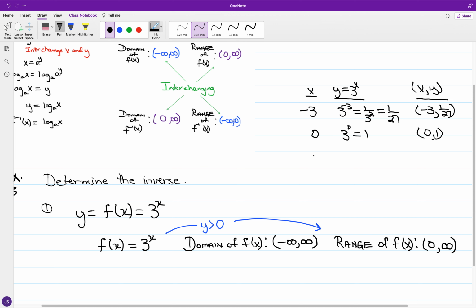And let's say x is 4, your y value will be 3 to the 4th, which would be 81. And so for this ordered pair, you will have 4 and 81. And I'll just mention, if I have x at negative 6, let's say, your y value will be 3 to the negative 6th, or 1 over 3 to the 6th.